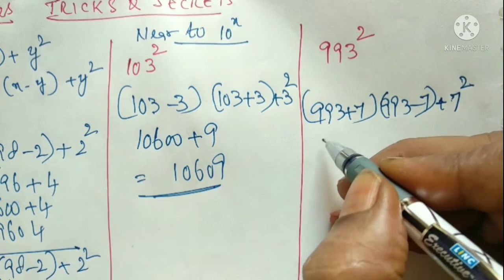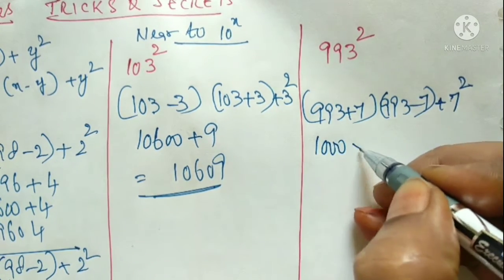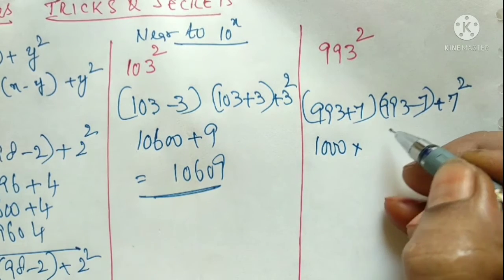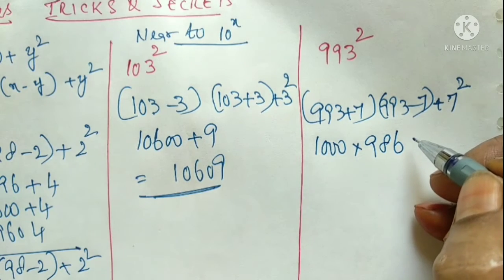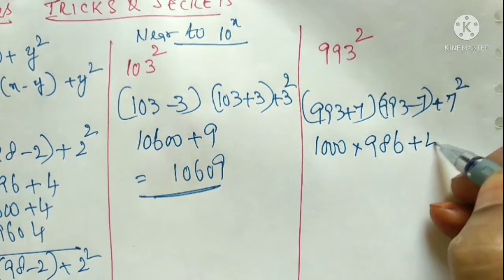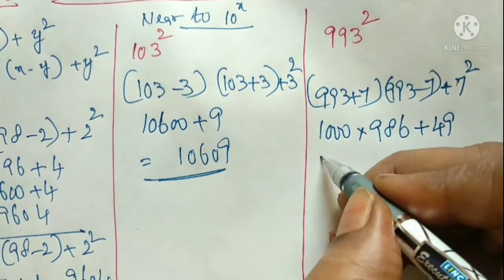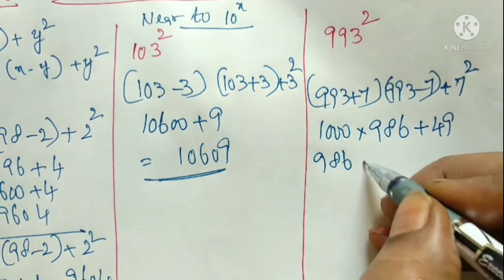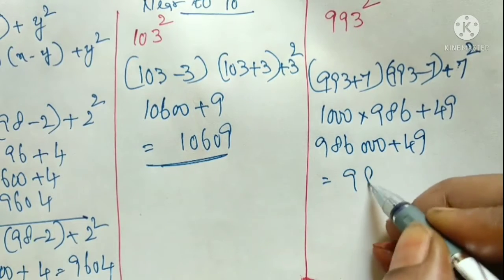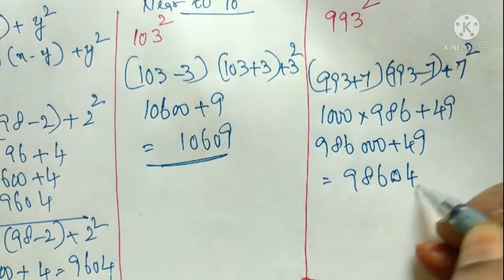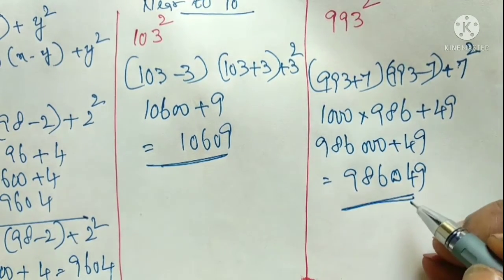So 993 plus 7 is 1000 multiplied by 993 minus 7, which is 986, plus 49. So this is 986, 3 zeros, plus 49. So this is 986,049. This is very simple if you practice.